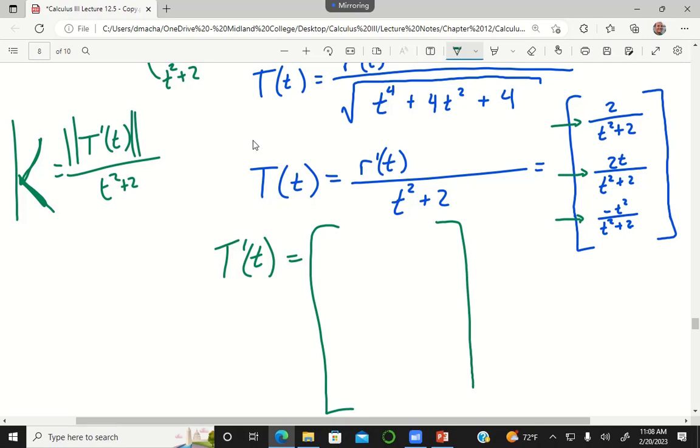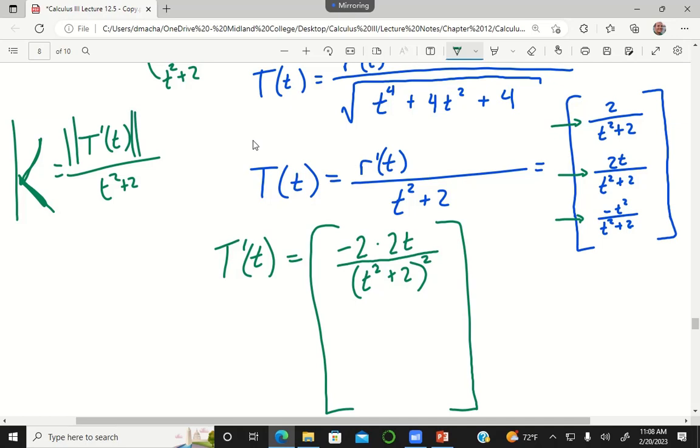So this is going to be a vector where the first component, you think about the quotient rule for 2 over t squared plus 2. So it's going to be negative 2 times 2t divided by t squared plus 2 squared, I think.